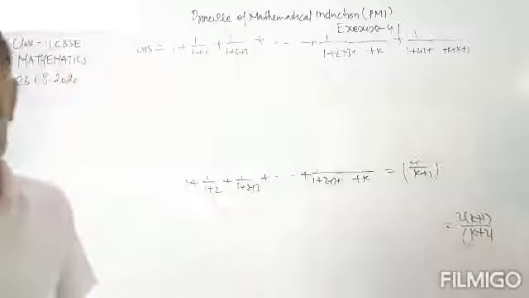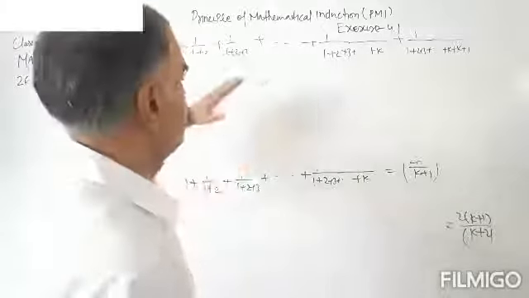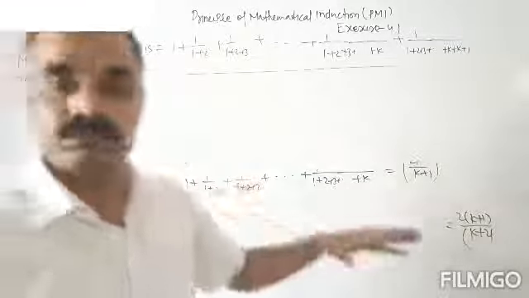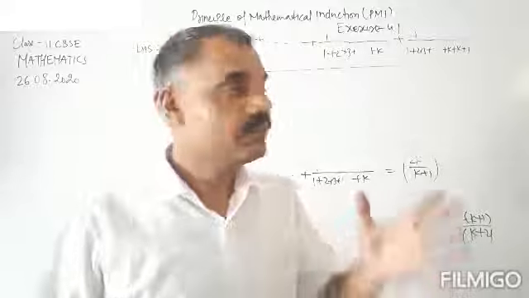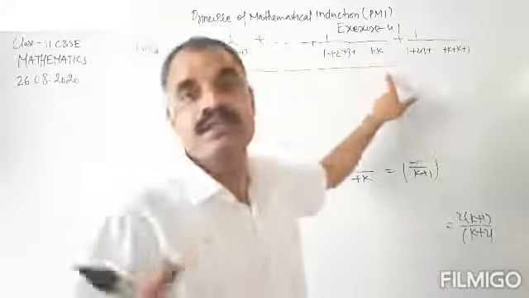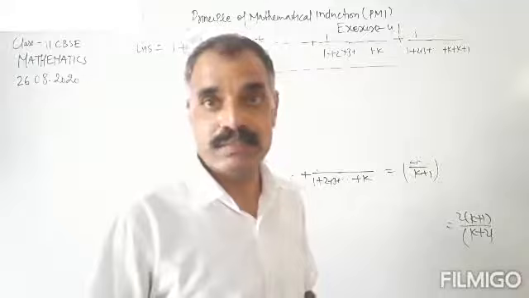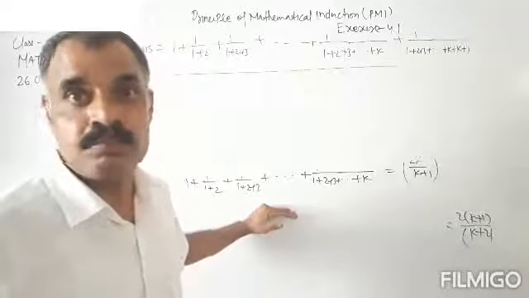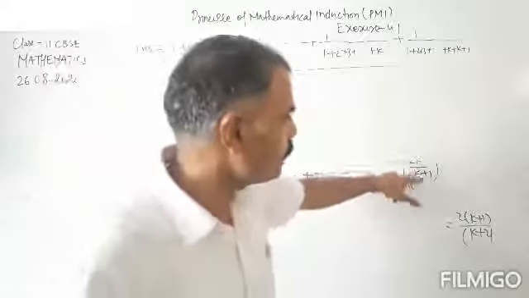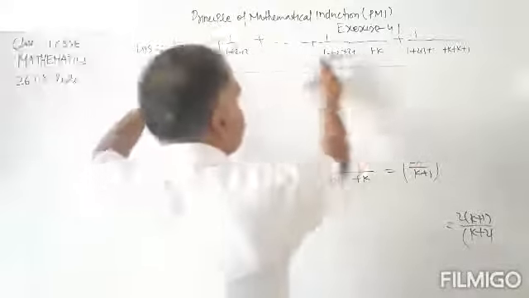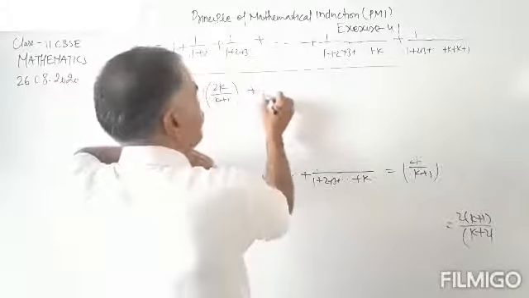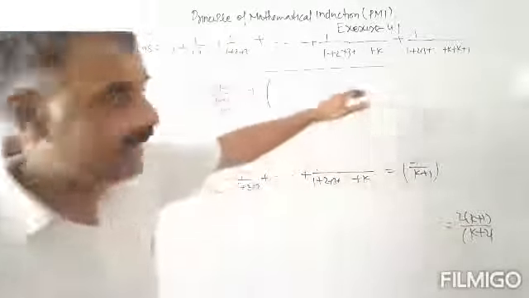Okay, now from this term to this term we have assumed that the given statement is true in the assumption step, and this is equal to 2k upon k plus 1. So from this step to this step we will write down 2k upon k plus 1, plus what is left?